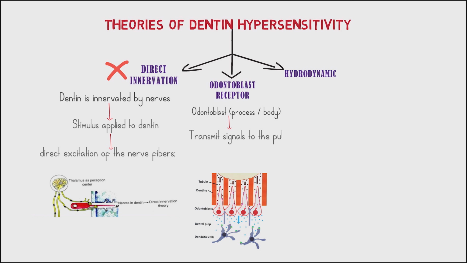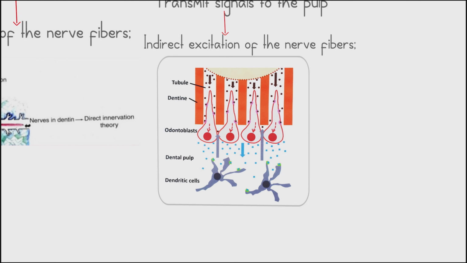But this theory has also been rejected since the cellular matrix of odontoblasts is not capable of exciting and producing neural impulses. Furthermore, no synapse has been found between odontoblasts and pulpal nerves. If you look at this picture, you can appreciate a space between the odontoblast process and the tubule wall filled with dentinal fluid.